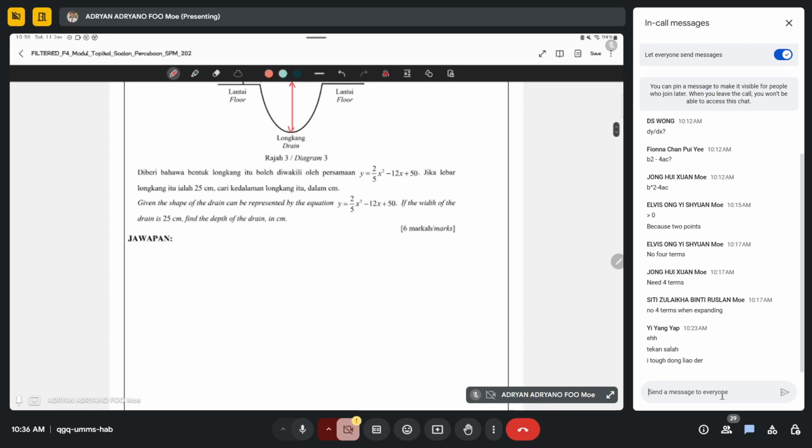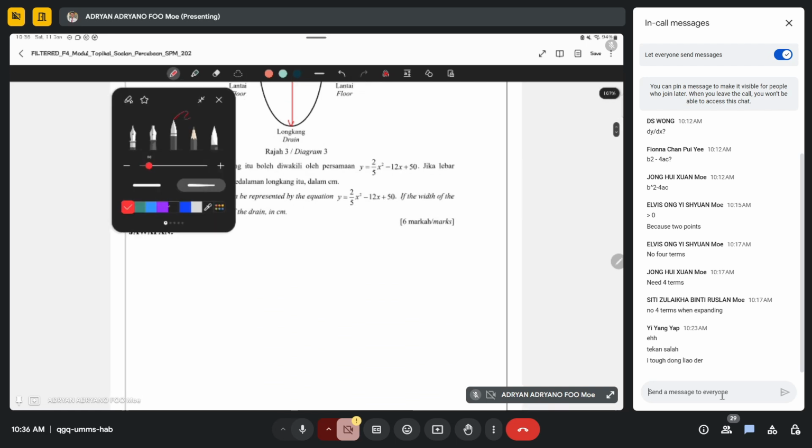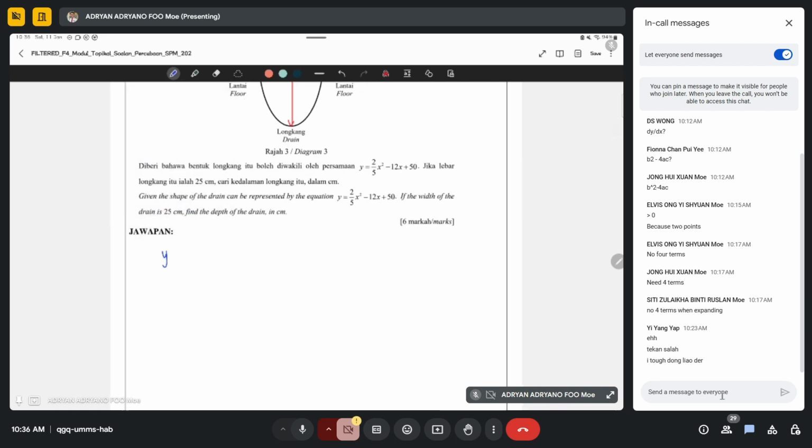Okay, let's change to vertex form. So how to change to vertex form? y equals 2 over 5. Okay, I factor out x squared. Now negative 12, I don't know how to factor out, so negative 12. Okay, negative 12, I divide by 2 over 5, I get negative 30, so then I know negative 30x. Okay, plus minus b over 2 squared.